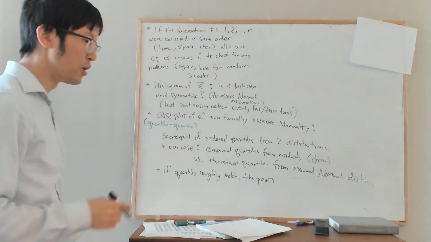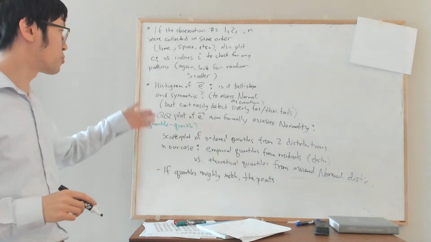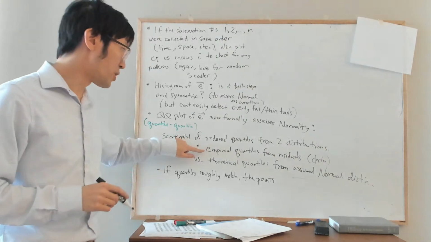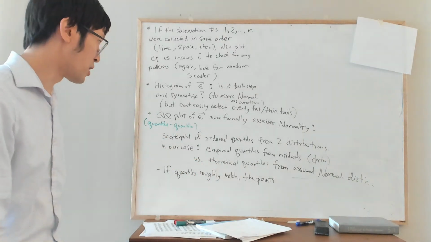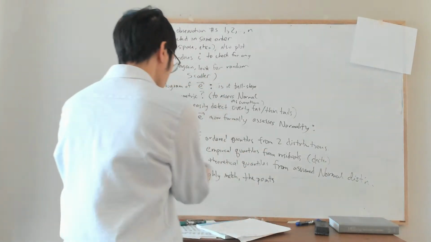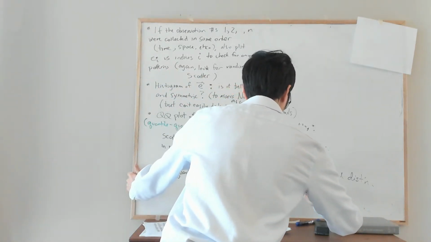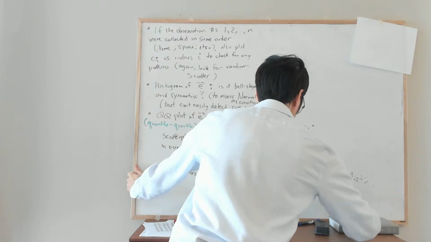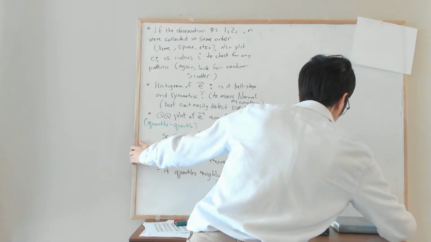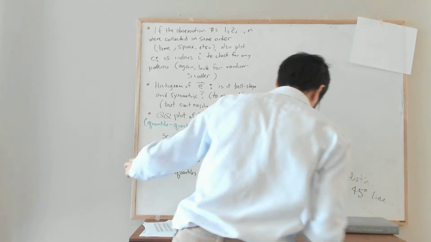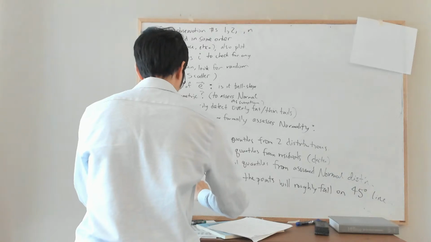The points will be scattered around that, and that's how we can see that the quantiles roughly match, which means the data and the normal distribution line up well. So if the quantiles roughly match, the points will roughly fall on a 45-degree line through the origin.